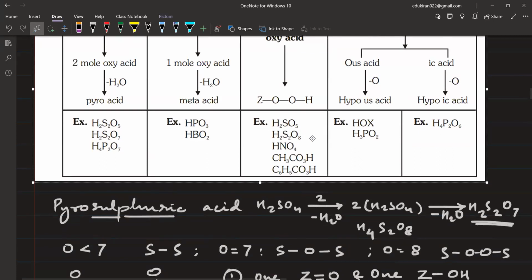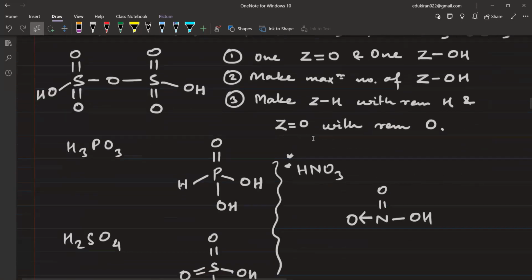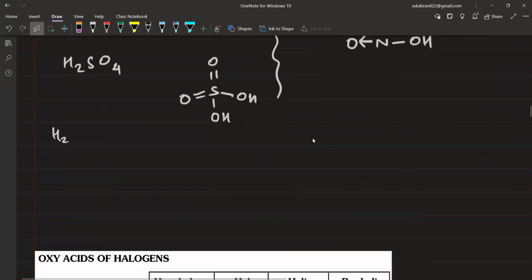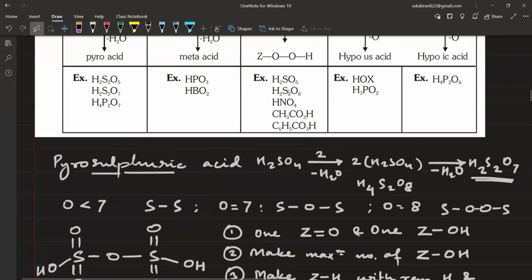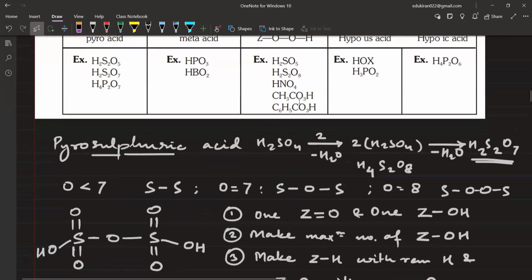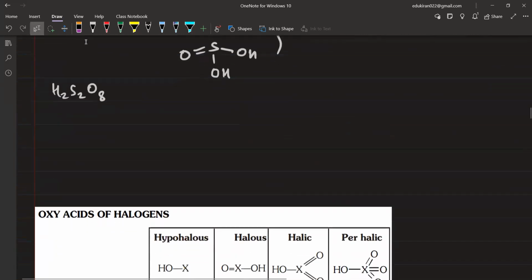For example, you have H2S2O8. You have H2, then S2, and then O8. Now, what should be the structure?